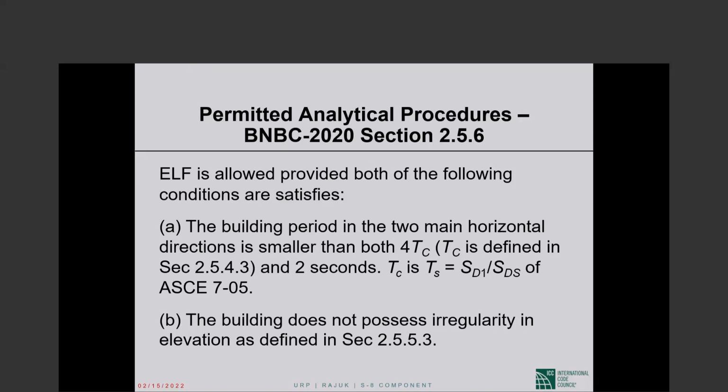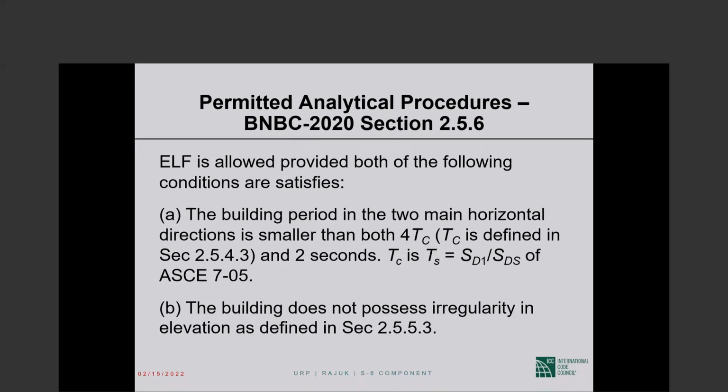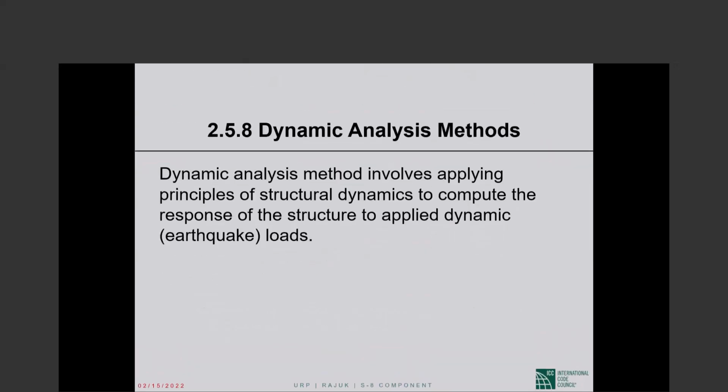Vertical irregularities must be absent for you to be able to use equivalent lateral force procedure as the basis of design. These are BNBC requirements. These are not ASCE 7 requirements. I would say these are more severe than ASCE 7 requirements, but that's what you have, and this is what you have to comply with.